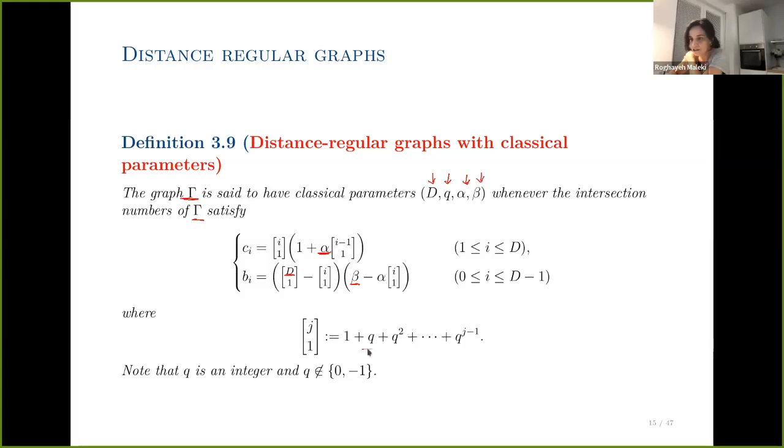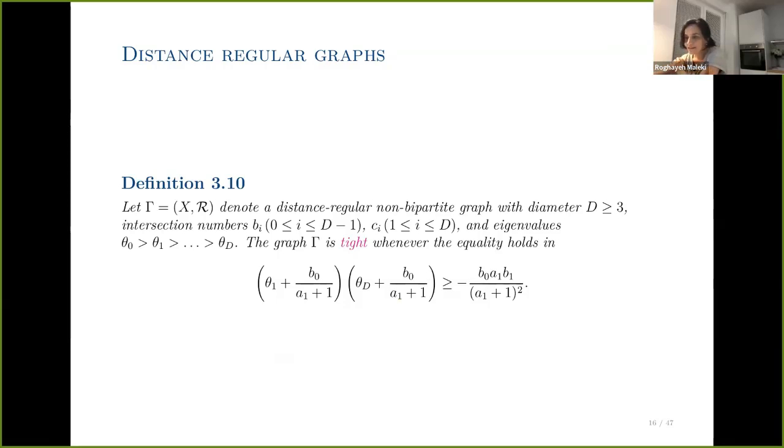And here our q is an integer different from 0 and -1. Just to make sure that q is really an integer and it's not 0 or -1, the proof of this part is in the BCN book, Brouwer, Cohen, and Neumaier. So we know that our q is not 0 and -1.